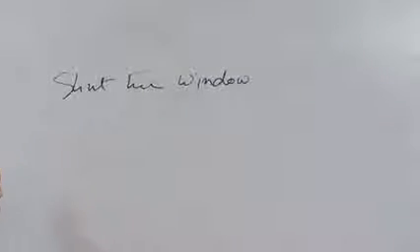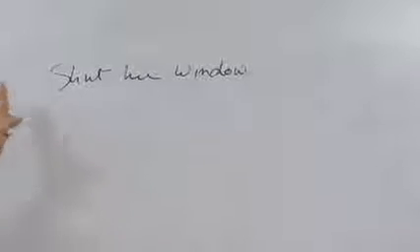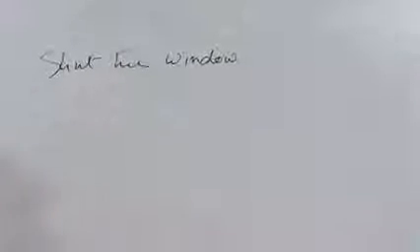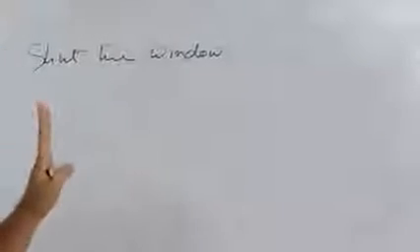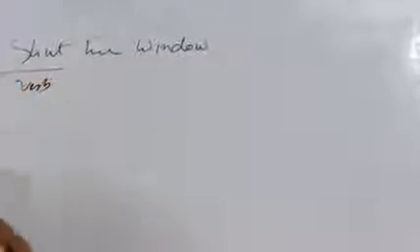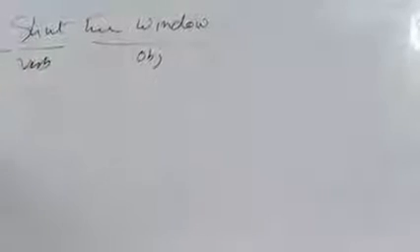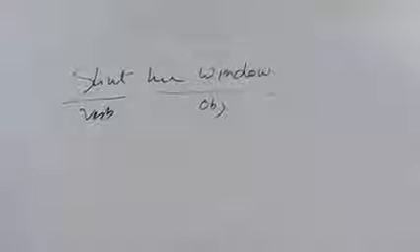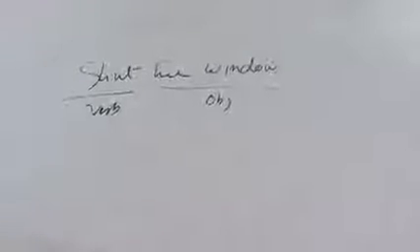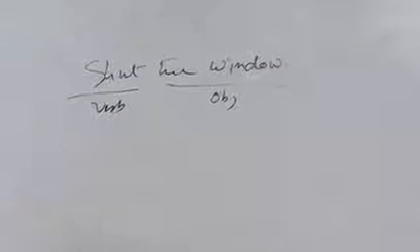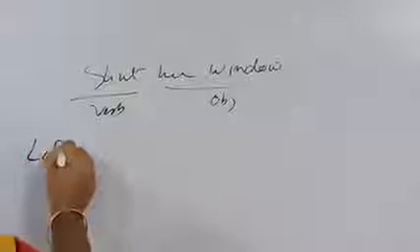So here you can see, what is the subject in this sentence? There is no subject here. The subject is missing in this particular sentence. You can't find any subject here. And what is the verb? Shut is the verb in this sentence, and the window is the object. Since there is no subject, the sentence begins directly with the verb. As I already told you, first we have to put let at the beginning of the sentence.